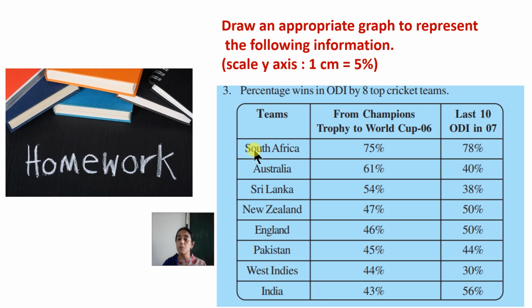That means you leave one square and take 2 squares for South Africa. Leave 1 square, take 2 squares for Australia. Leave 1 square and take 2 squares for Sri Lanka. Leave 1 square and 2 squares for New Zealand, England, Pakistan, West Indies and India. Then plot both 175 and 78. So try to do this question by yourself. Is it clear? So this is your homework.